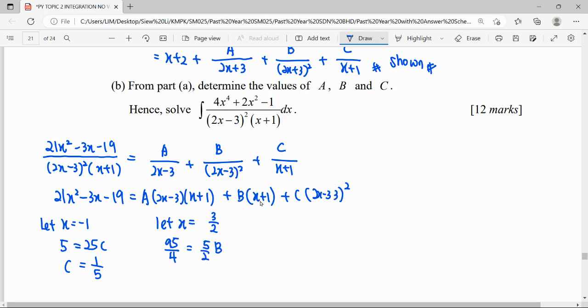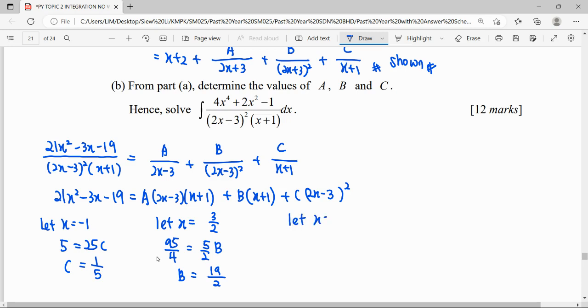Five over 2b. So B we simplify. Then we continue for finding A.